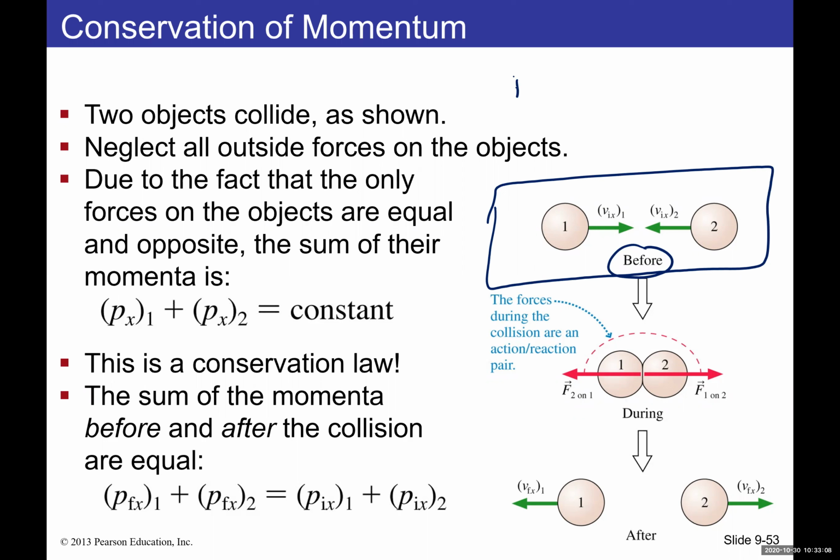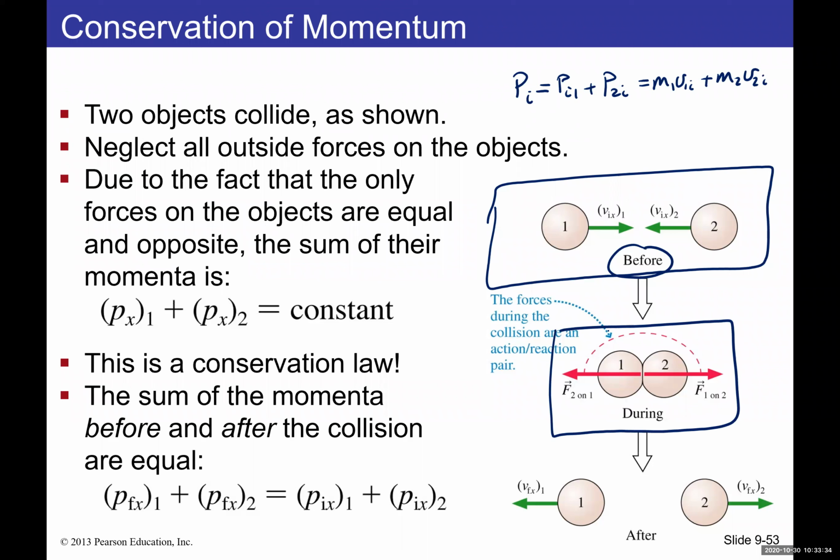If I'm looking at the momentum of the system, which I'm going to take to be both of them together, the momentum of the system before will be the initial momentum of one plus the initial momentum of two. So this will be M1 V1 initial plus M2 V2 initial. This is my momentum of the system before collision. Then they collide, clearly because they're moving toward each other. During the collision, the net force is the force that one exerts on two plus the force that two exerts on one, because they exert force on one another.